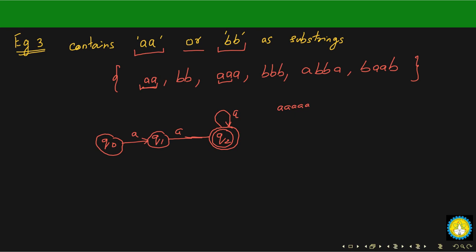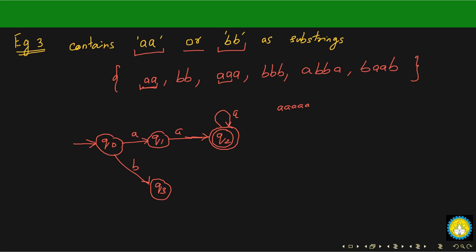Now we also have to look at the case for BB. If you want to draw the BB transition, from Q0, if you're getting a B, you may go to Q3. Don't forget to put the arrows, and also don't forget to put the starting state arrow.